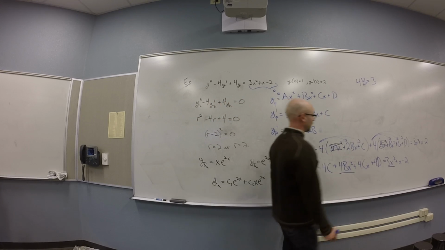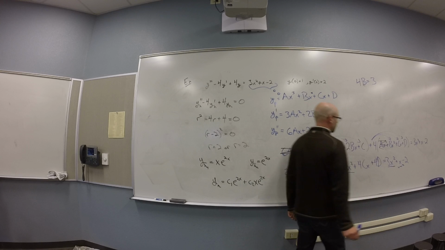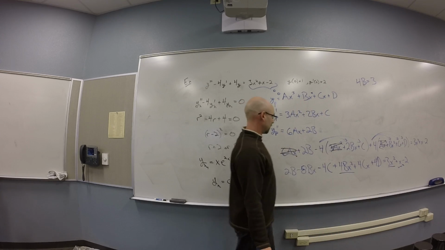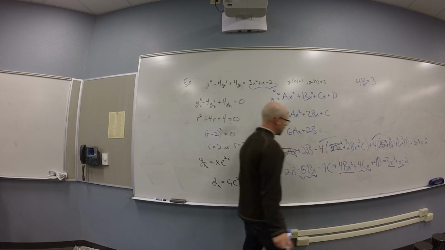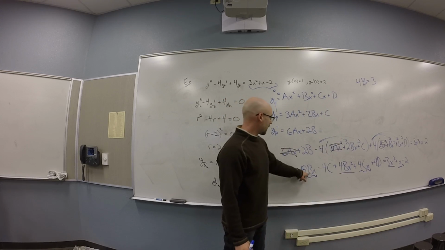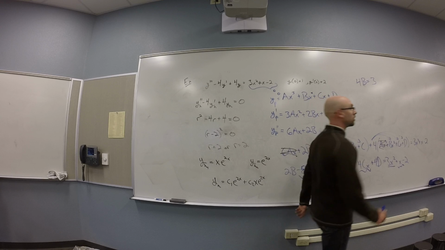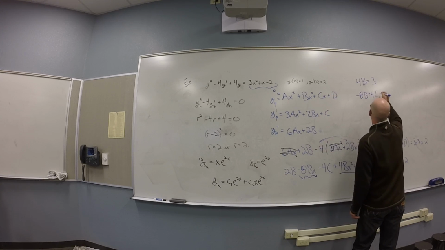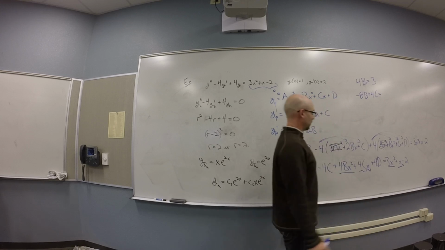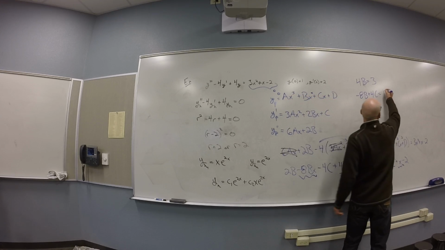Then how many x's you got? 1. Negative 8bx and 4cx. So it looks like I got negative 8b plus 4c equals 1. Beautiful.